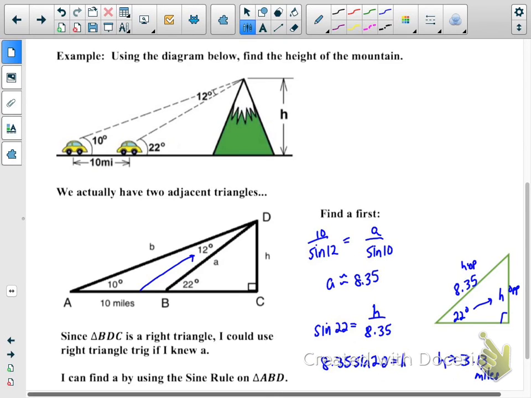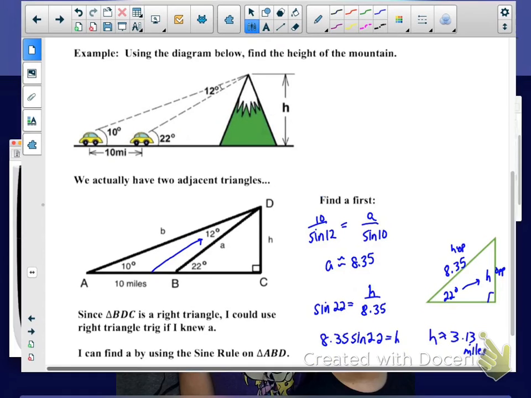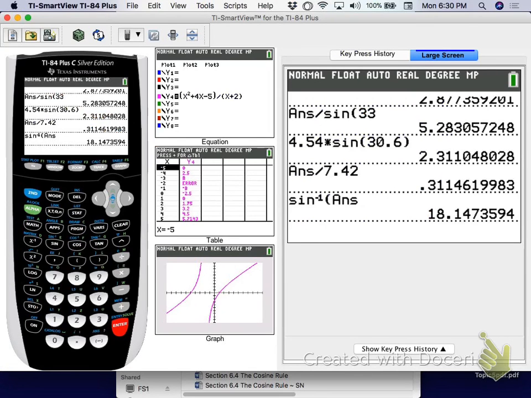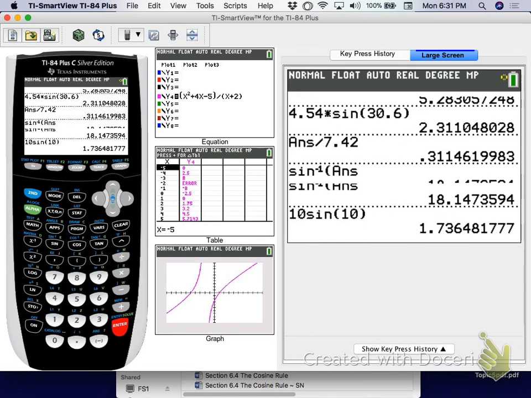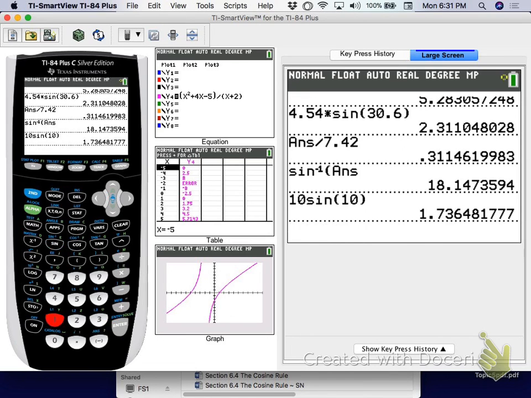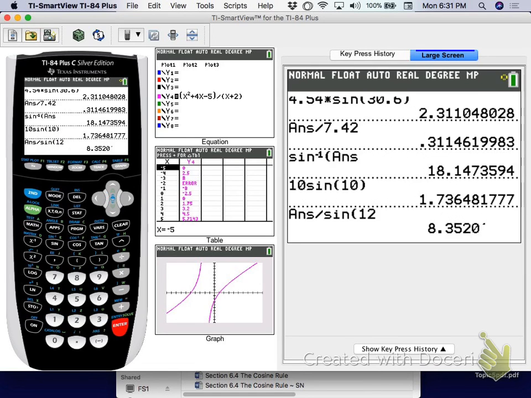So let's go back here just because I'm curious and see how this answer would change if I didn't round the 8.35. It may not change at all, but it might. So that would have been 10 sine of 10 divided by the sine of 12. That's how I got my letter a there.